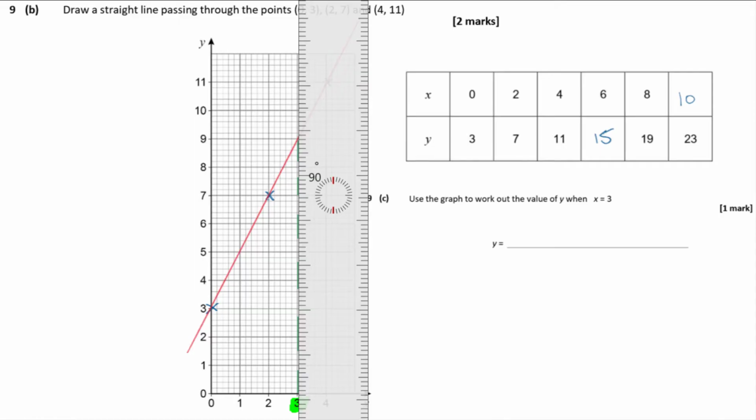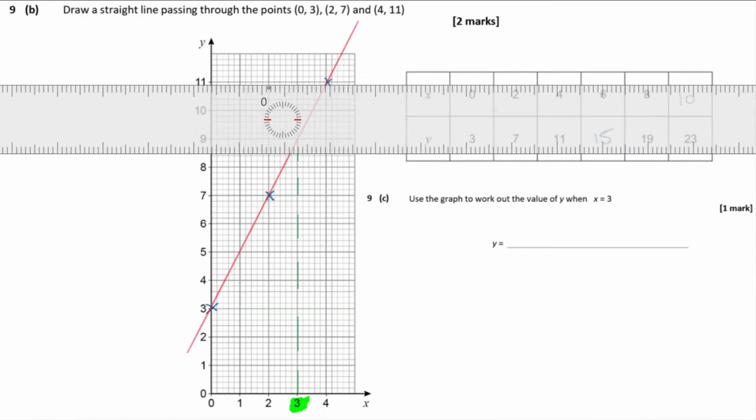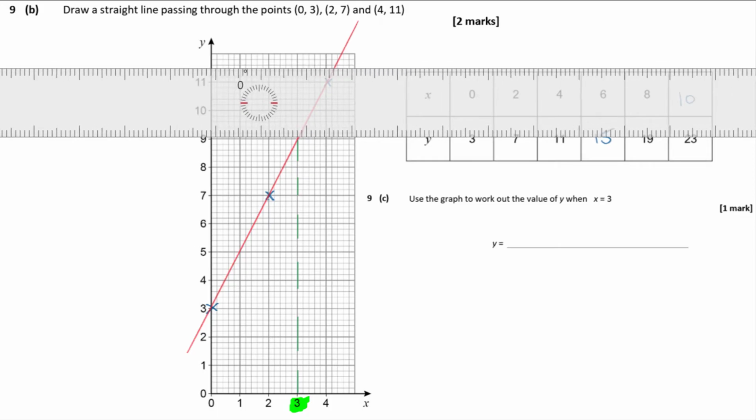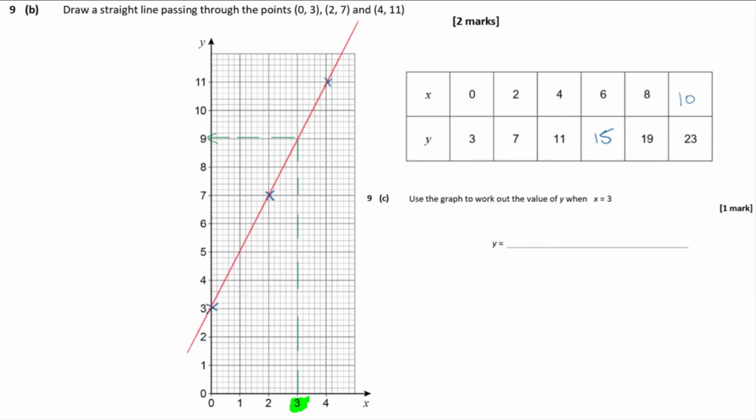Like that. When we hit the graph, we're going to change direction and head off to the y-axis in that direction. And you can see then my line points at the number 9, isn't it? Okay, so when x is 3, y is going to be equal to 9.